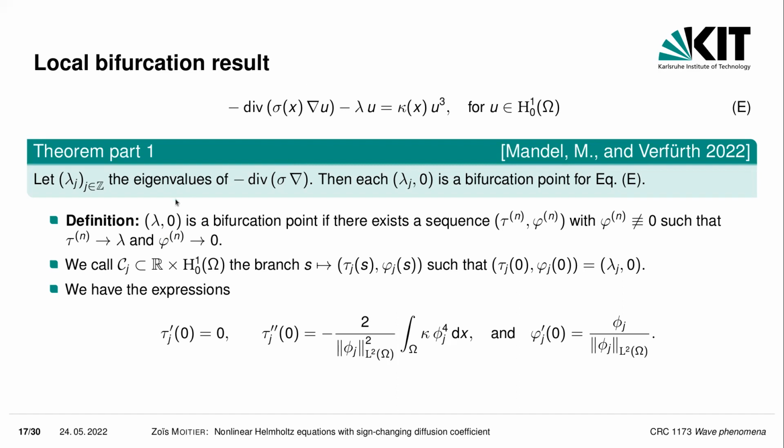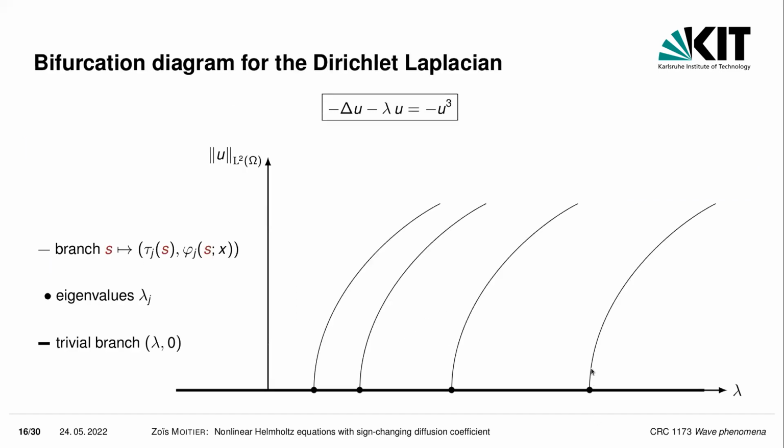So first, what is a bifurcation point? The definition of a bifurcation point is that there exists a sequence of non-trivial solutions that converge to the trivial solution. So if I go back, this is a bifurcation point because you have a sequence of non-trivial solutions converging to this point.